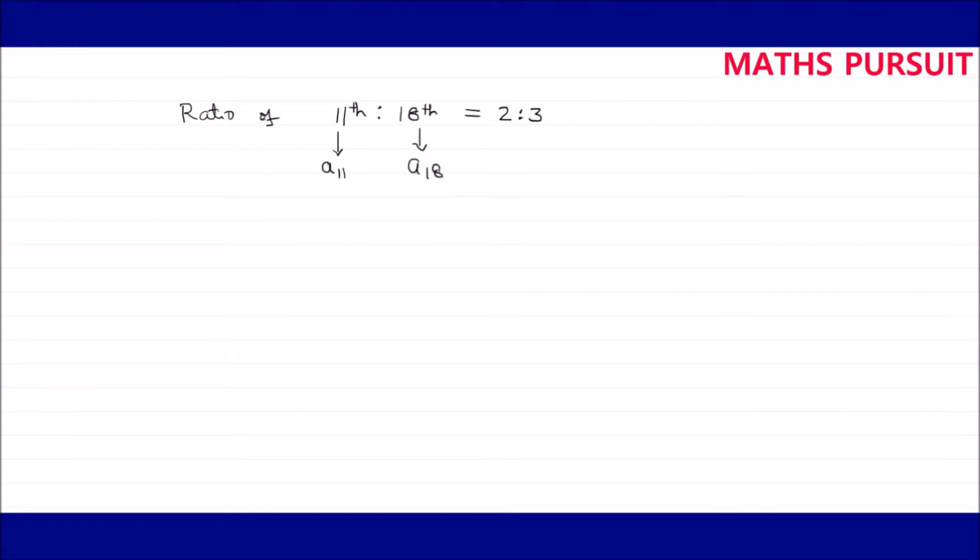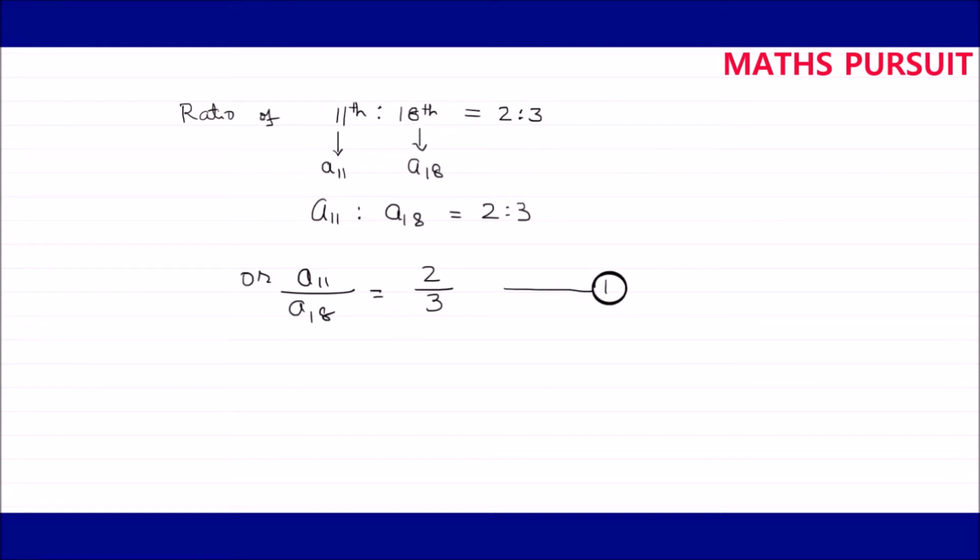That means we are going to write A11 is to A18 is equal to 2:3, or I can write A11 upon A18 is equal to 2/3. Let us make this one as equation 1.